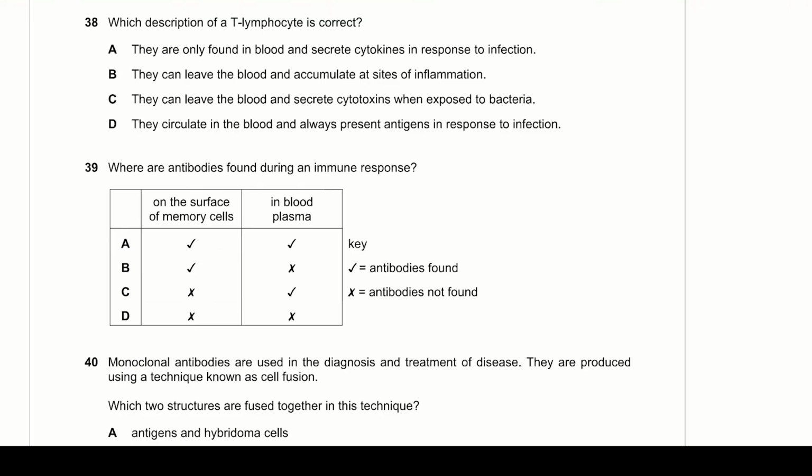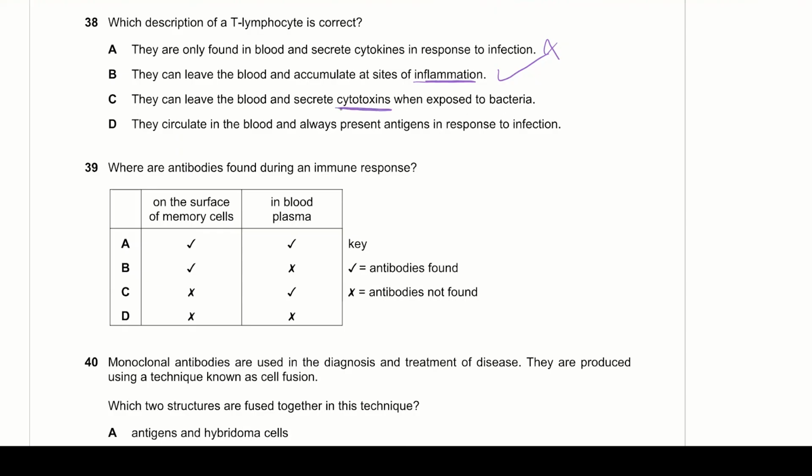38. Which description of a T lymphocyte is correct? A. They are only found in blood and secrete cytokines in response to infection. Actually, this is not correct because they are always present in tissues. B. They can leave the blood and accumulate at sites of inflammation. This is correct. C. They can leave the blood and secrete cytotoxins when exposed to bacteria.